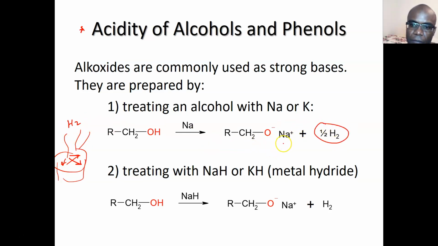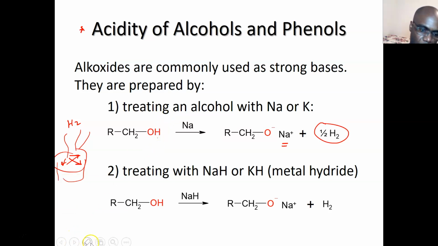So the sodium ionizes as it takes out the hydrogen of the alcohol, and the oxygen takes the negative charge because those 2 electrons will be donated to the oxygen. That's generally what's happening here.